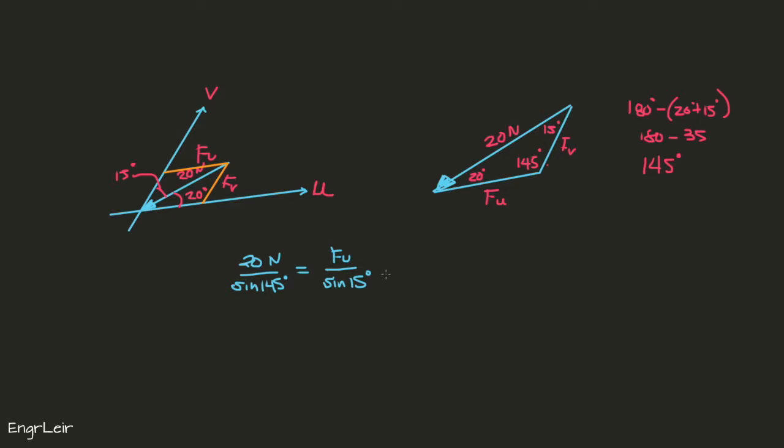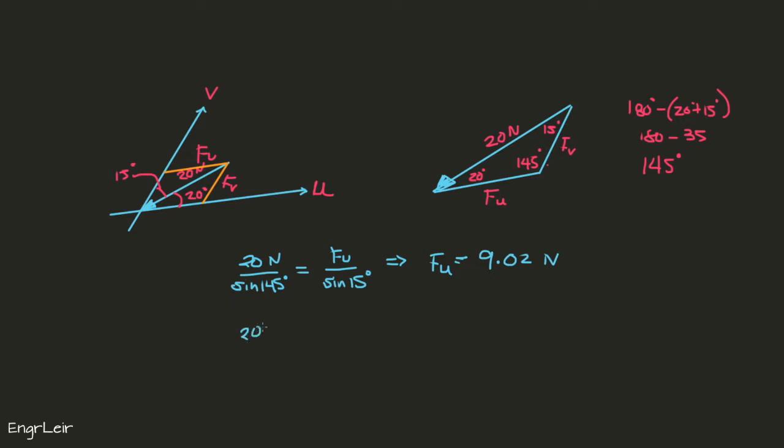And this tells us that fu is, let's see, I'm using a calculator to solve for this one. So it's 20 sine of 15 over sine of 145. I have here fu, which is 9.02 Newtons.